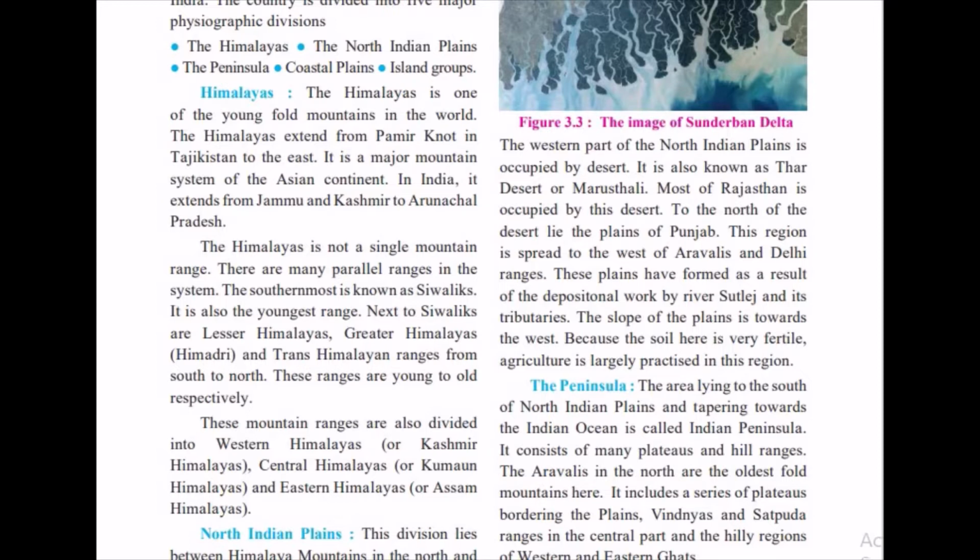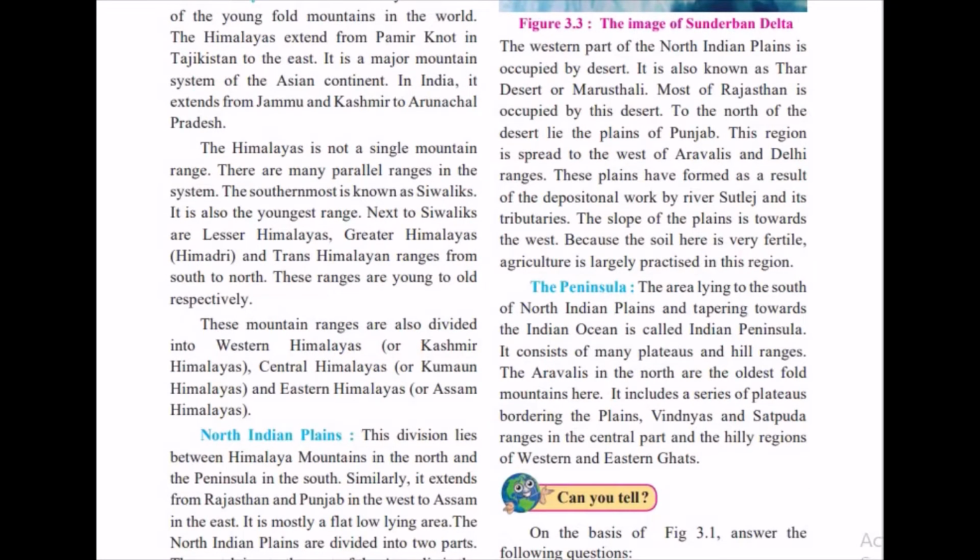The southernmost is known as Shivaliks. It is also the youngest range. Next to Shivalik are the lesser Himalaya, greater Himalaya or Himadri, and the Trans-Himalayan range, from south to north. The ranges are young to old respectively.